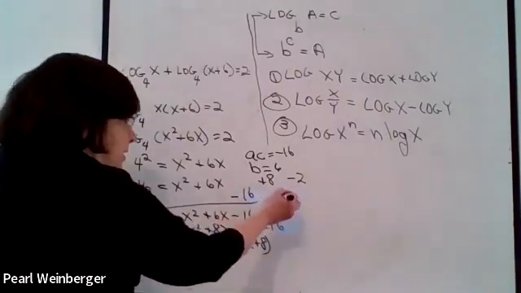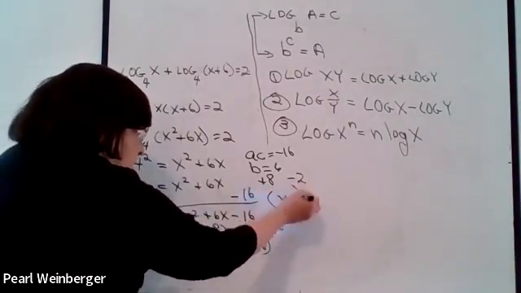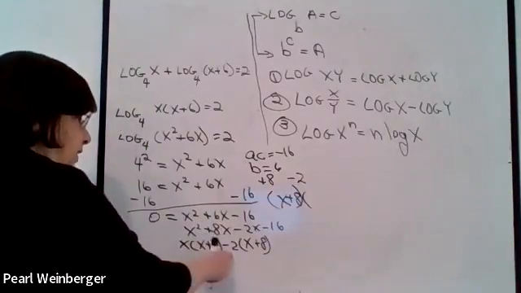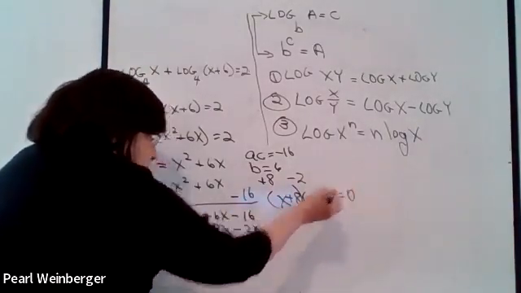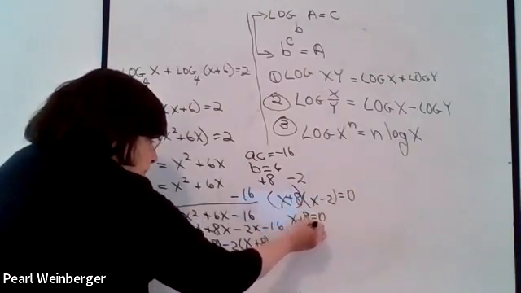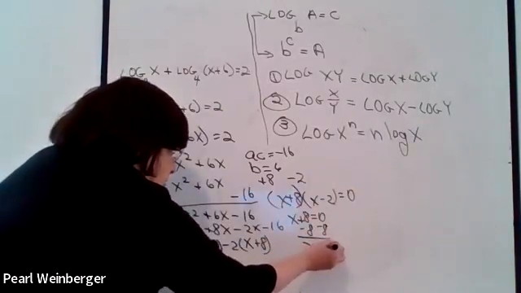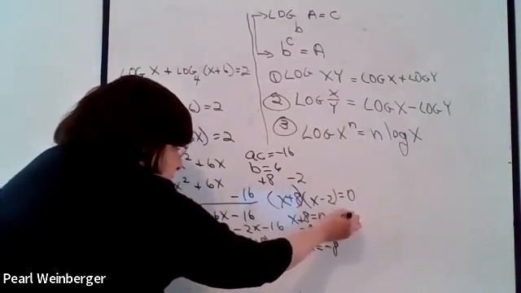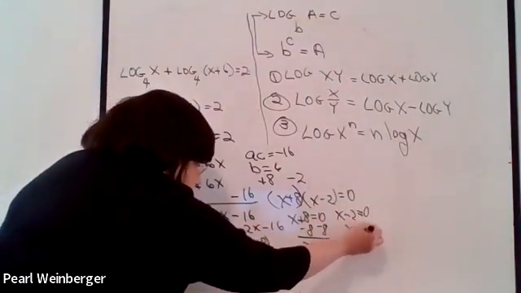So we get x plus 8 in one parenthesis, and in the other parentheses we get the x minus 2, and that gives me x plus 8 equals 0, gives me x equals negative 8, and x minus 2 equals 0, gives me x equals 2.